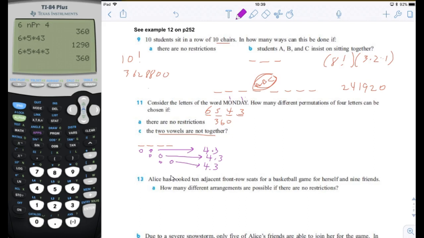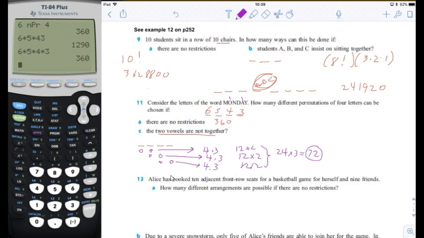So really each one of these is 12 times 2, 12 times 2, and 12 times 2. So that would be 24 times 3, which would be 72.